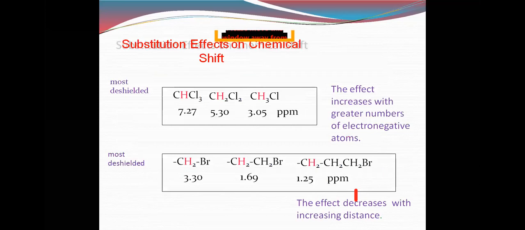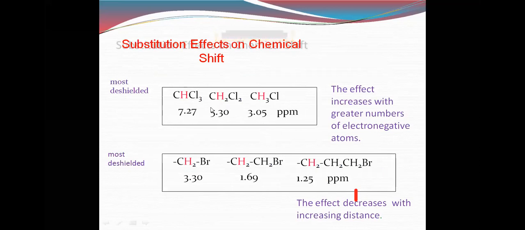Look at here, as you increase the chlorine groups, chloroform has the highest deshielding, highest chemical shift value, then dichloromethane, then chloromethane. So the shift goes from 3.05 ppm to 7.25 ppm.